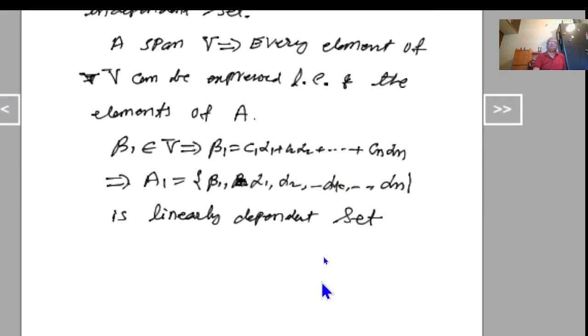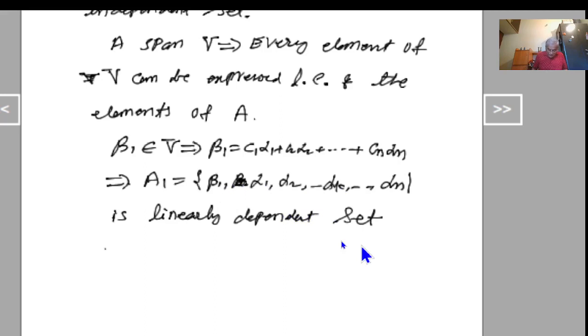And here, this consists of all the elements of A. So therefore, here A1 again spans V. Okay, every element of V can be expressed as a linear combination of these vectors. Right? Now here, as this is a linearly dependent set, then there exists a vector. By one of the theorems, if this is a linearly dependent set, then there exists a vector say alpha k, which can be expressed as the linear combination of its preceding vectors.